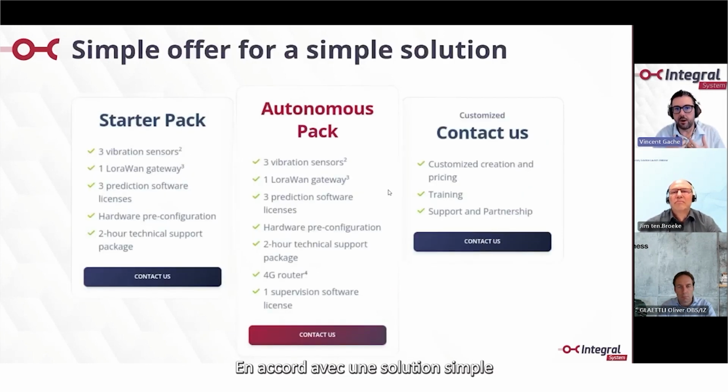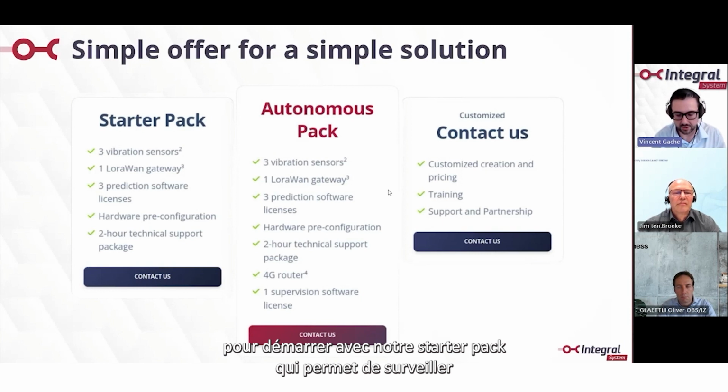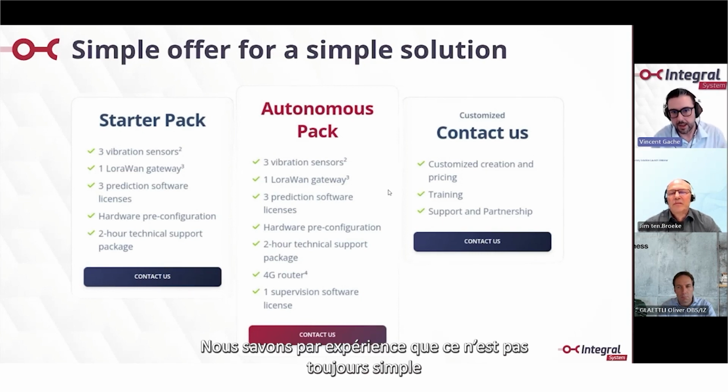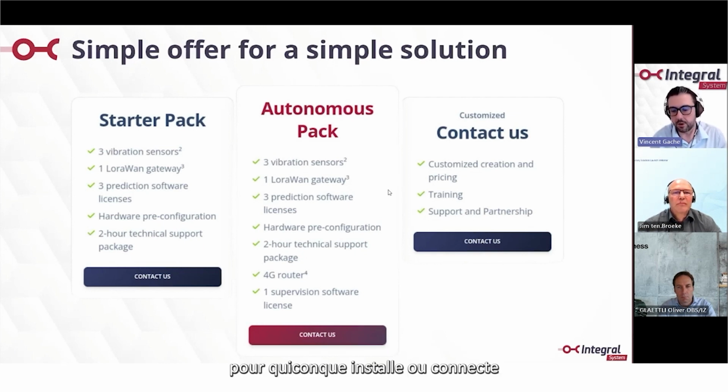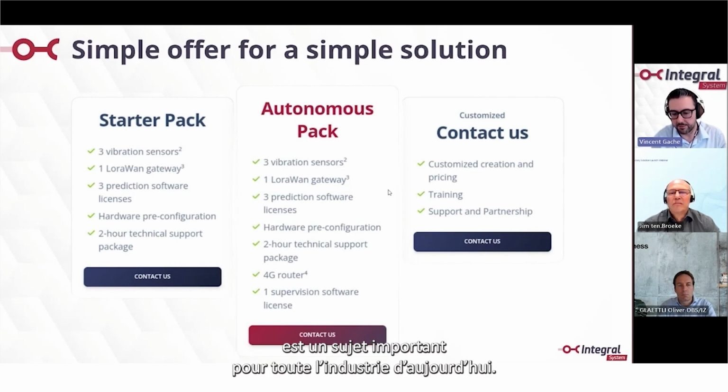And for a very simple solution, we have a very simple offer for starters. We have a starter pack, which is for monitoring 3 critical rotating motors. And because we know it's not very easy for people to install and to connect another solution to the OT network, I'm sure Oliver mentioned that cybersecurity is a very tough question for factories right now.